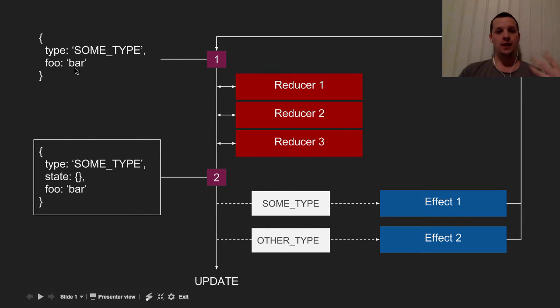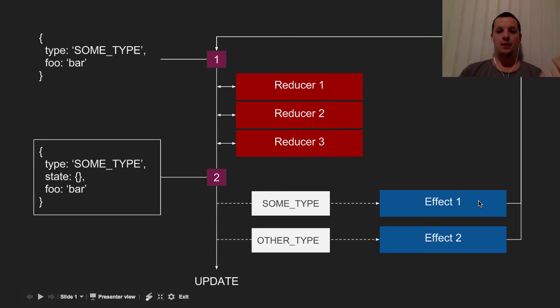So again, it runs through all the reducers, which updates the state, and then it attaches the state, and then different effects can pick up on actions. So effects register to actions. And if there's a match, in this case, some type, it will pass that action into the effect, where it has access to the payload of the action and also all the state of the application.